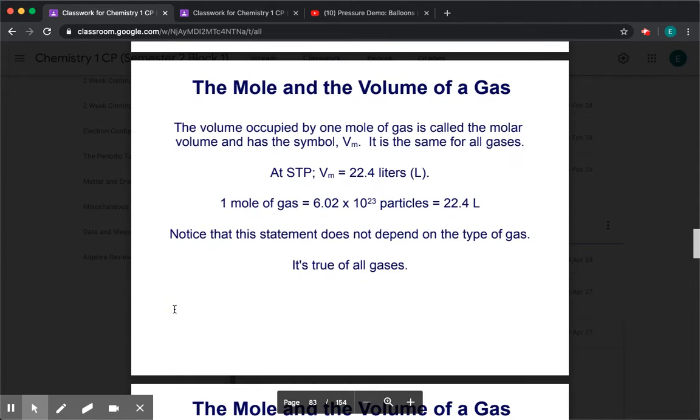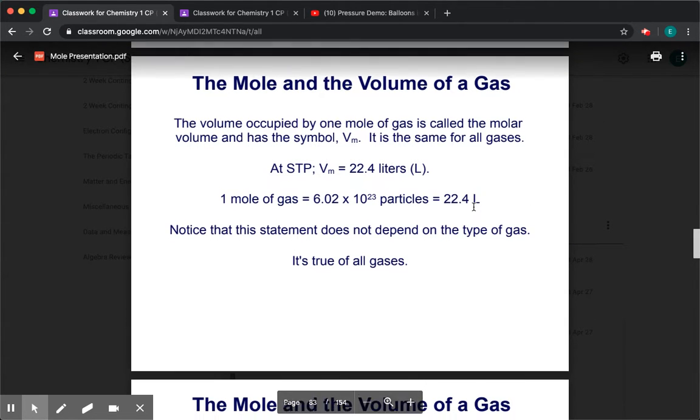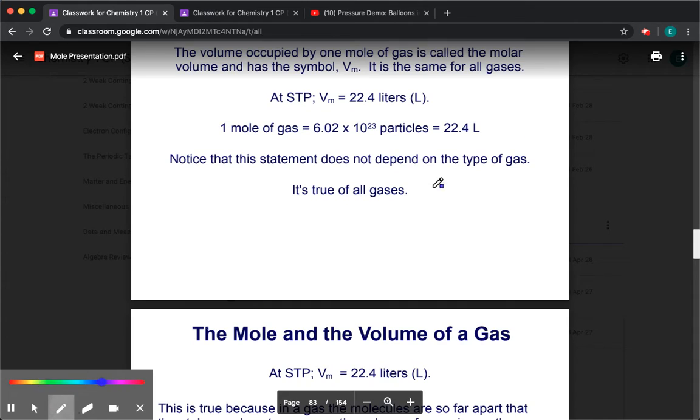Does not matter. So comparing it back to the previous moles and volume and mass and all, and the particles. There we go. 1 mole of gas is Avogadro's number of particles, and those particles will take up 22.4 liters of space. Okay. It does not depend on the type of gas.